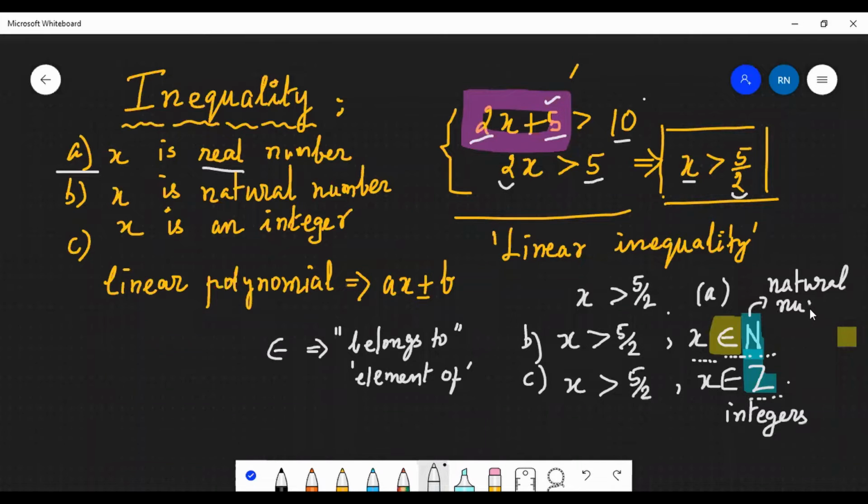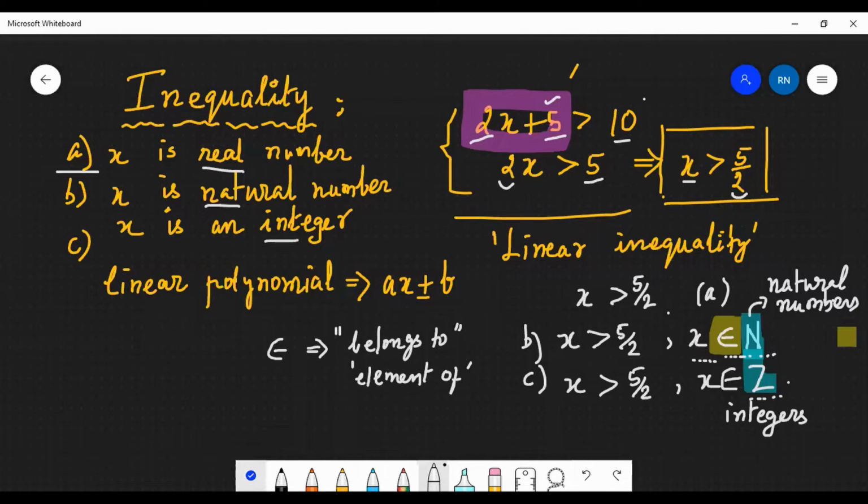So learn these notations. The explanation for x given alongside the value x greater than 5 by 2 is not enough. We give, apart from that, the explanation that x belongs to natural number or x is an integer, according to the question statement.